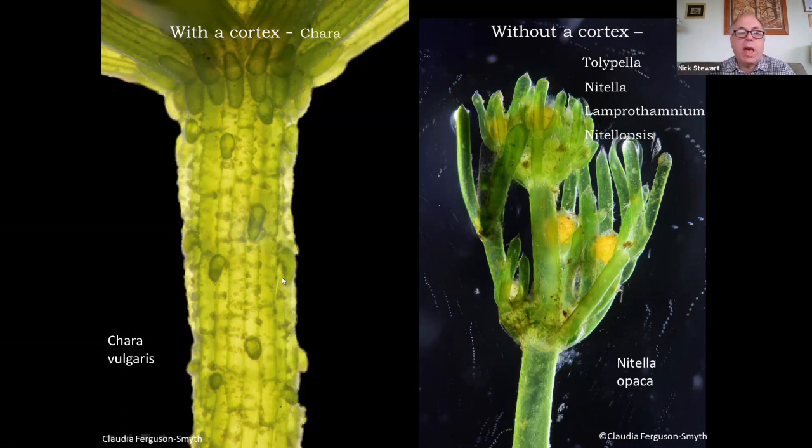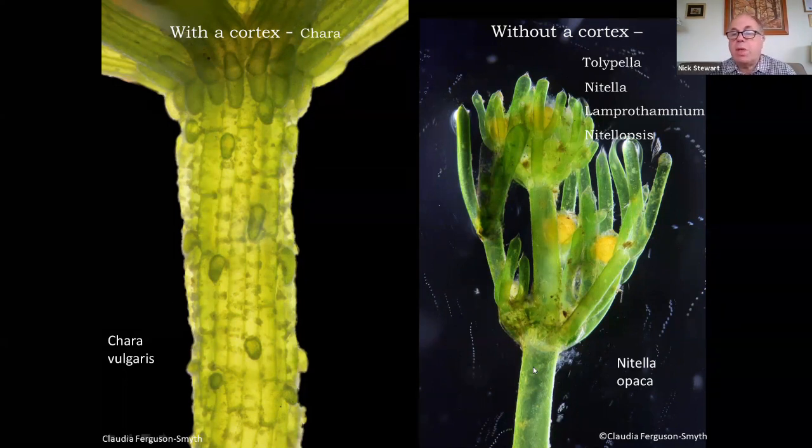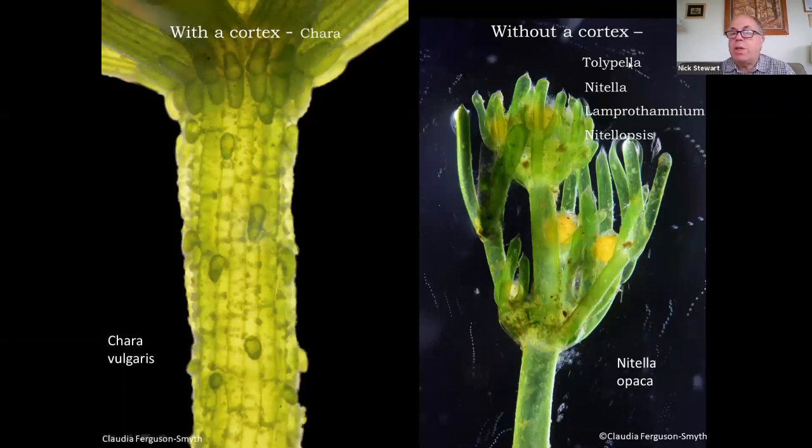And if it has cortex, then it's a Chara. If it doesn't have cortex, it will most likely be either a Nitella or a Tolypella. But there are these two other ones, Lamprothamnium and Nitellopsis, which are rare genera with just a single species in each.